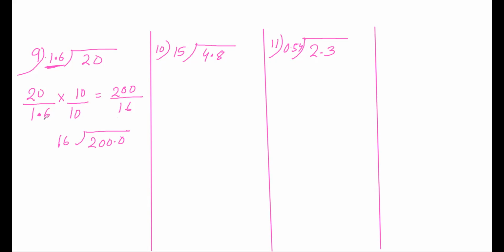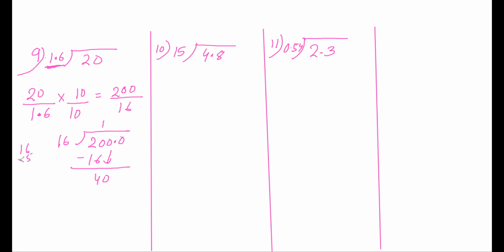This is the denominator. I never want a point in the denominator. I remove the point. The point shifts to the right one place when I multiply with 10. I get 200 over 16, but I have to add a point and 0. So let us continue. 16 times what? 16 times 1 is 16. I have 4 and I have 0.